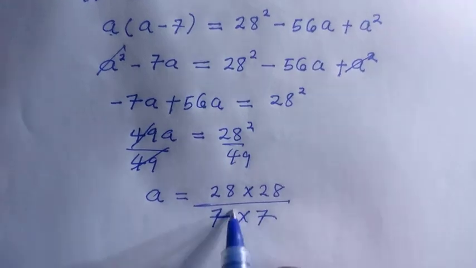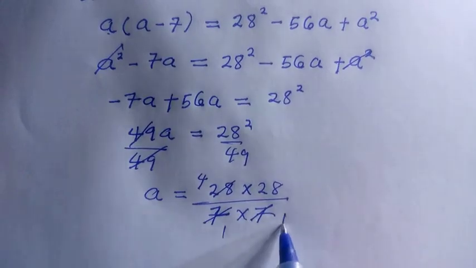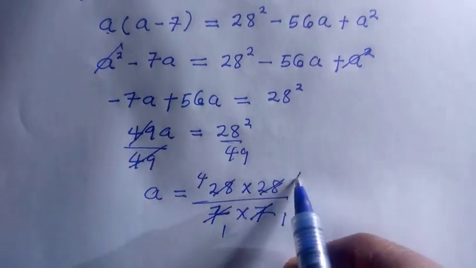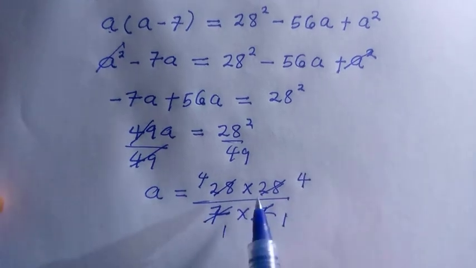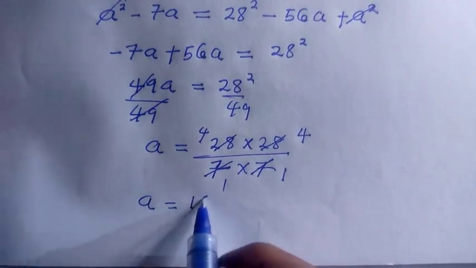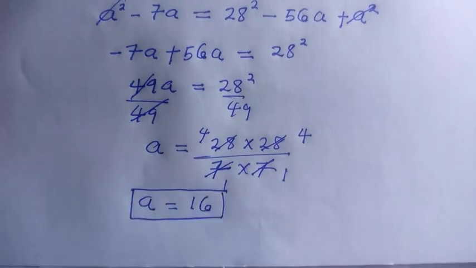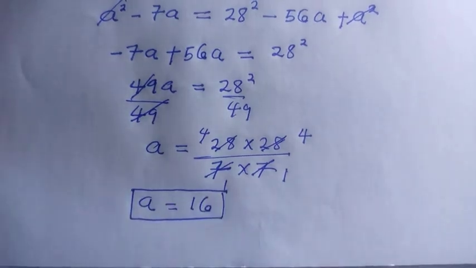Then 7 into 28 is 4, and 7 into 28 is also 4, then 4 multiplied by 4 gives us 16. So we have just one solution that satisfies this problem: the value of a equals 16.